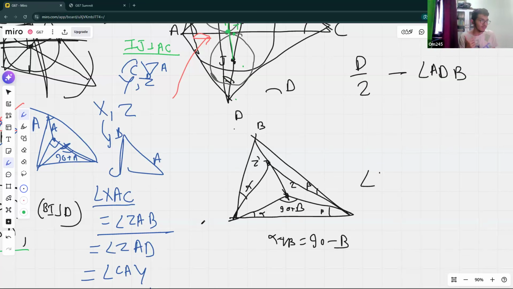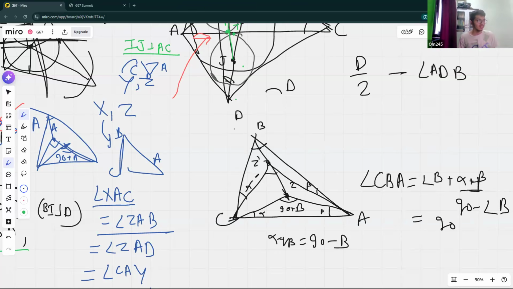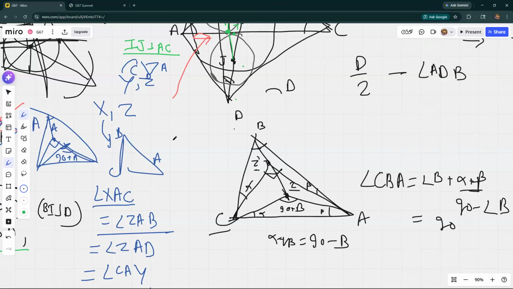So angle CBA is equal to angle B plus alpha plus beta by the external angle theorem, and we know this angle is 90 minus angle B. So this implies this angle is 90. So the isogonal conjugate of Z is some point Z' lying on the angle bisector such that CZ'A is 90. Yeah, got it. But it's X. Yeah.